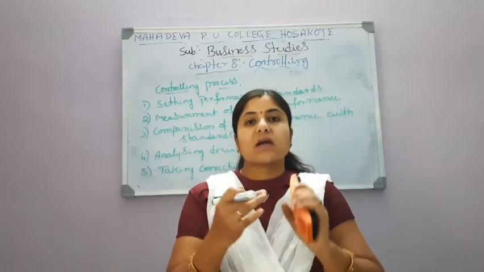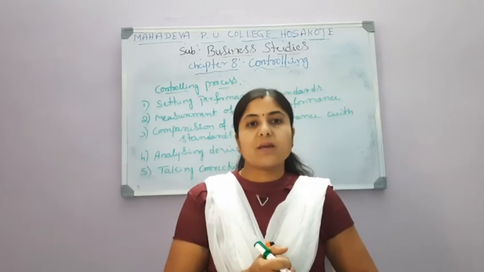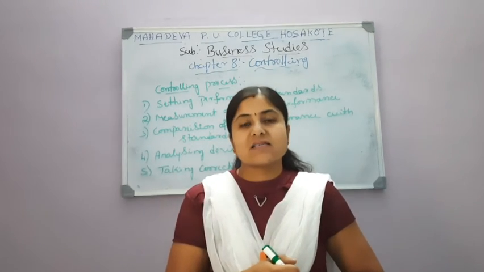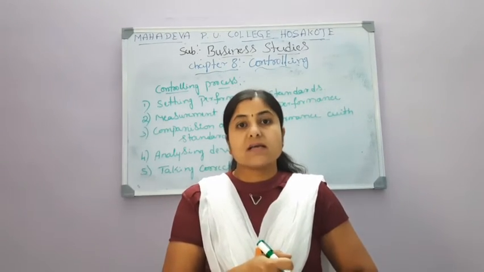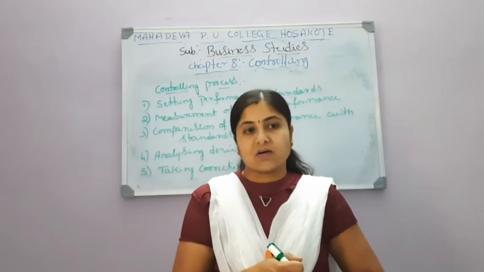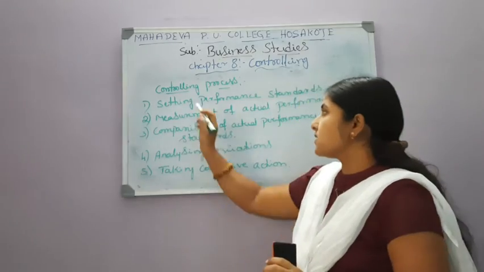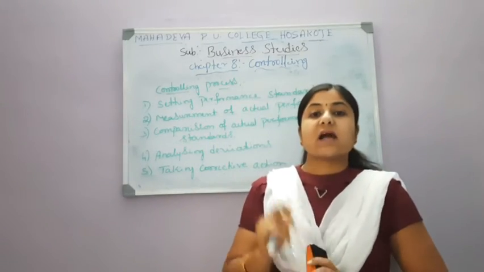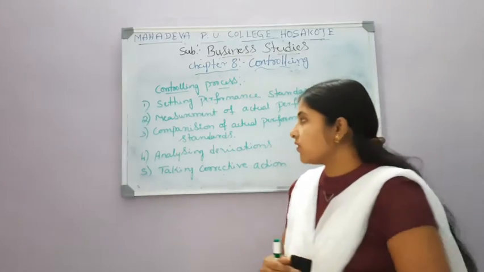That's why controlling is a very important management function. It involves certain steps that we perform in controlling, which are considered the controlling process. This controlling process includes 5 steps.